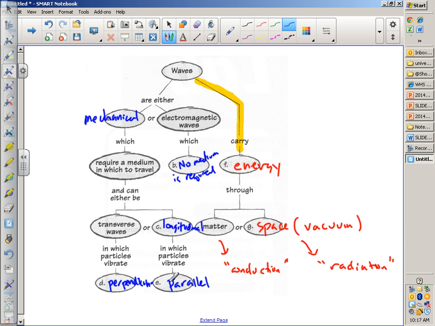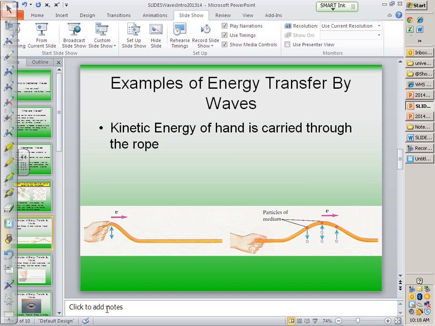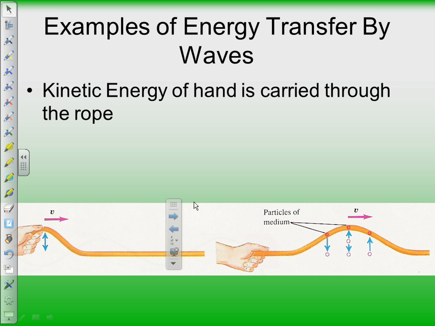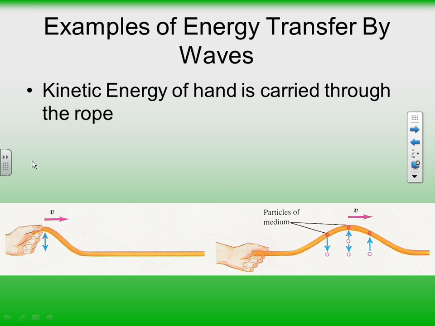Okay? So, real quick, just a visual example of that. That picture back on page 459. The disturbance, the wave, travels across the page from the left-hand side to the right-hand side. Or, if we go to maybe this picture right here, this wave, this disturbance in the rope, travels from left to right.